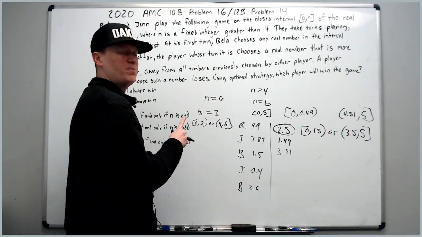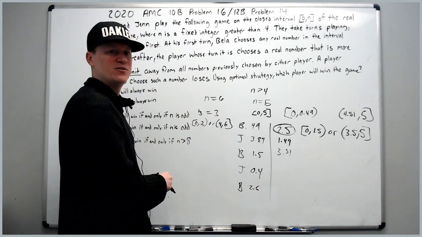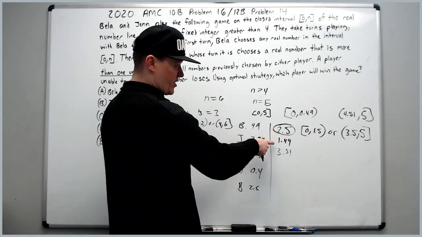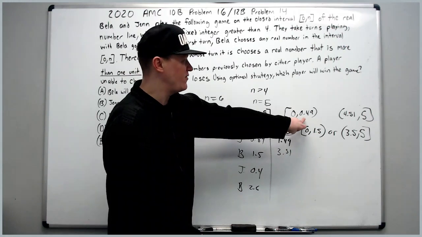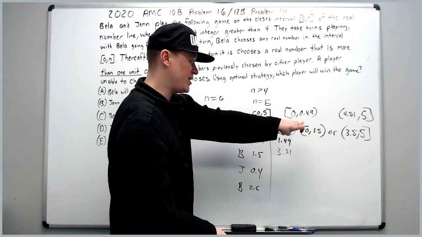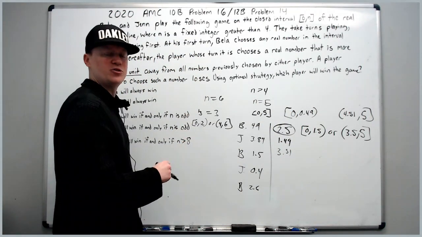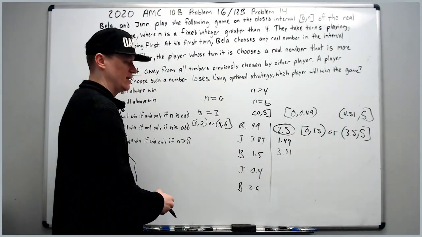So as long as Bella does exactly what Jen does in the other interval created, if Jen leaves space like she did here for the second option, where Jen chose 1.49, leaving an open interval of 0 to 0.49, Bella can do the same thing, so there will always be two choices left, one on the left and one on the right, at least two, right?